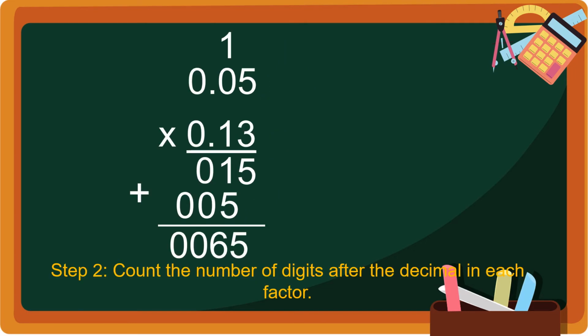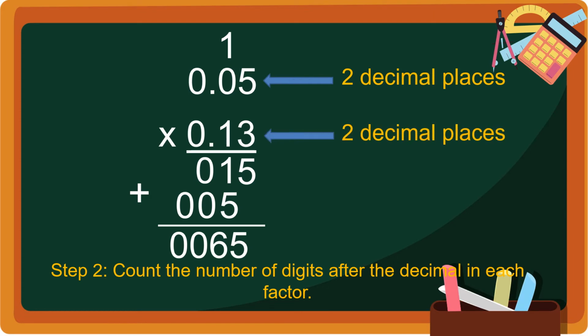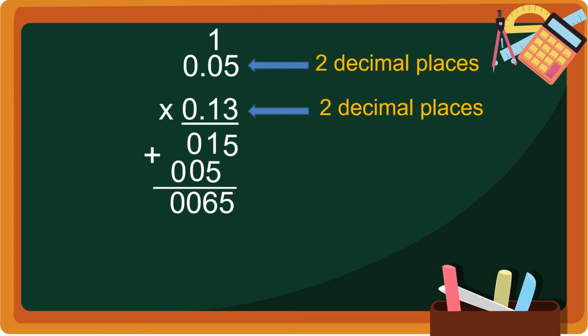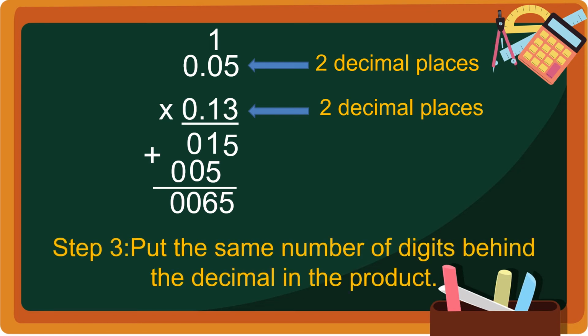Step 2. Count the number of digits after the decimal in each factor. So we have 2 decimal places in the multiplicand, 2 decimal places in the multiplier. Step 3. Put the same number of digits behind the decimal in the product.